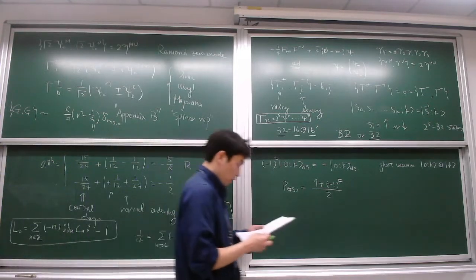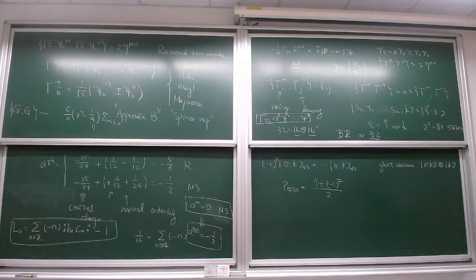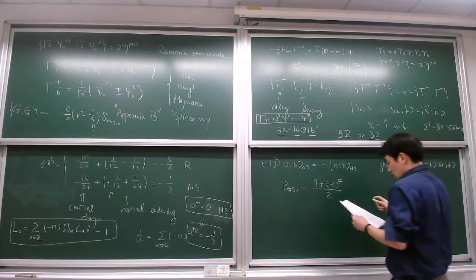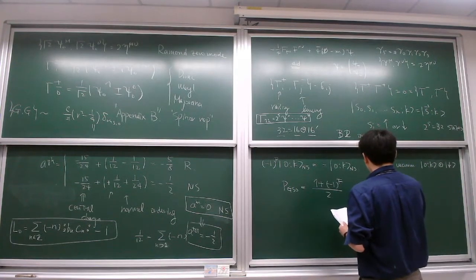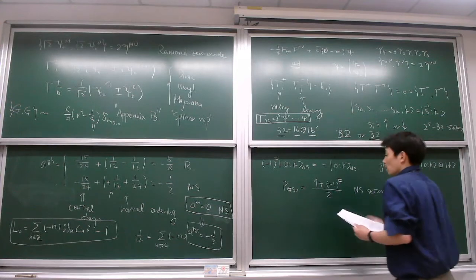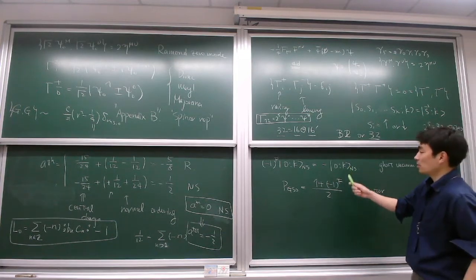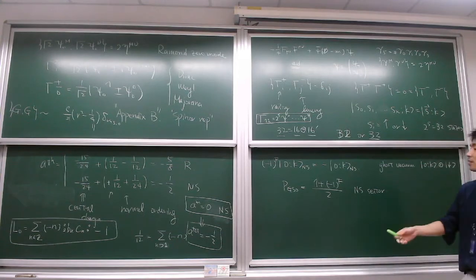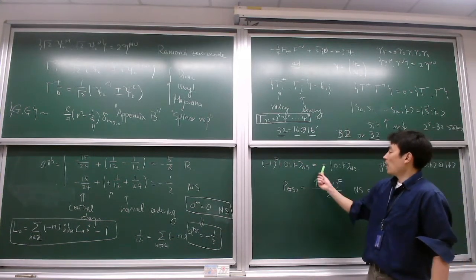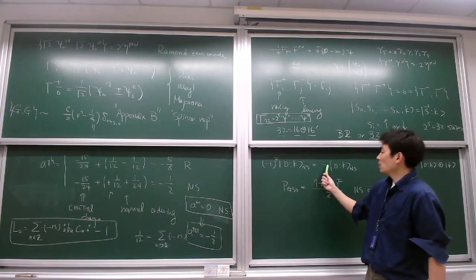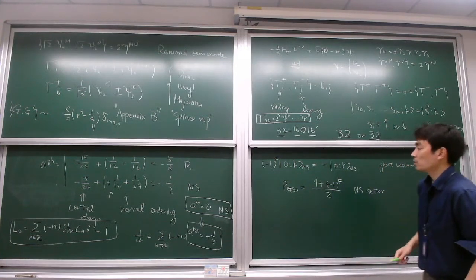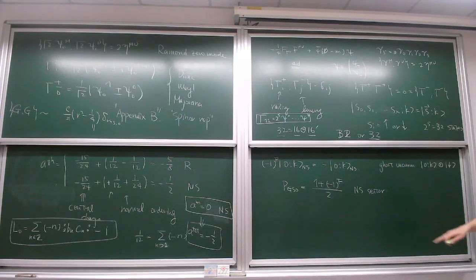But we will introduce the so-called GSO projection operator in the NS sector, which means that the state has to be more bosonic. If you have a negative sign for this minus 1 to the F, it's projected out.